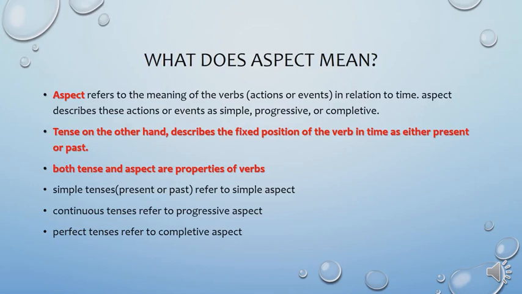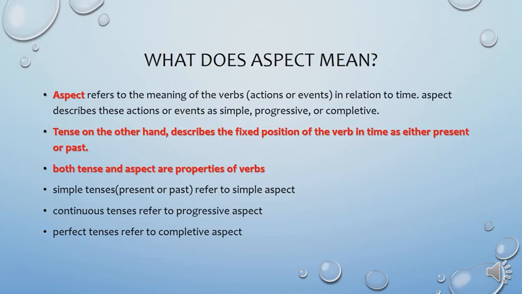If aspect refers to the meaning of the verbs in relation to time, then what about tense? Actually, tense describes the fixed position of the verb in time. It doesn't describe the meaning of the verb in relation to time. It describes the fixed position of the verb in time, which is either present or past.